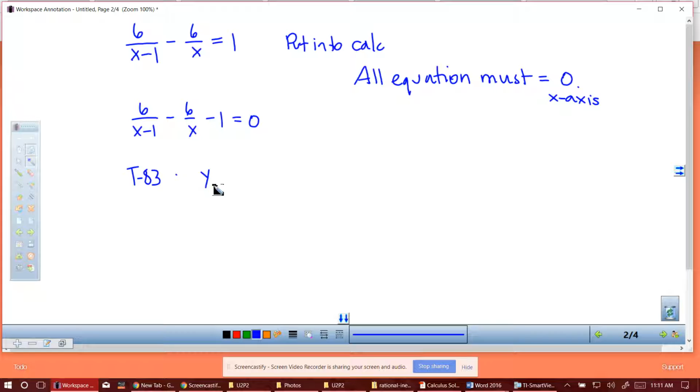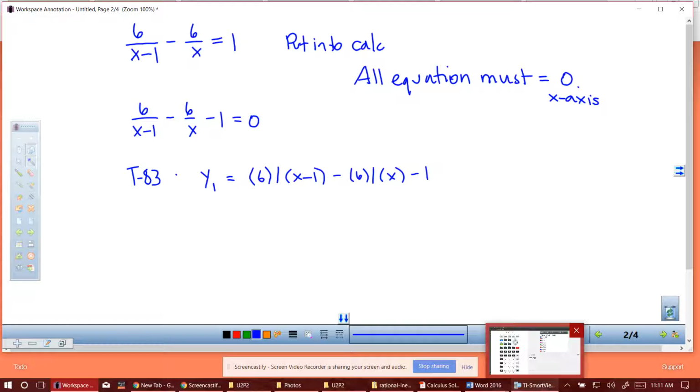So if I want to type this in my 83, I'm going to say parenthesis 6, parenthesis, divide, parenthesis, x minus 1, minus parenthesis 6, parenthesis, divide, parenthesis, x, minus 1. So remember that with that TI-83, you have to put all those parentheses or it's not going to give you the correct answer.